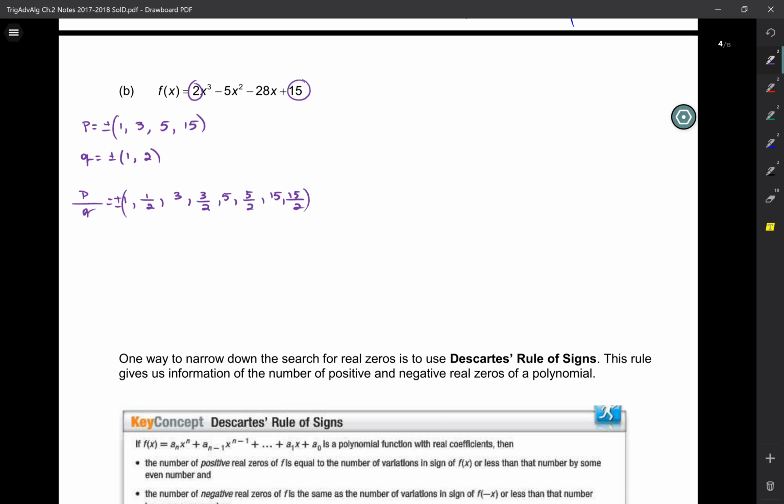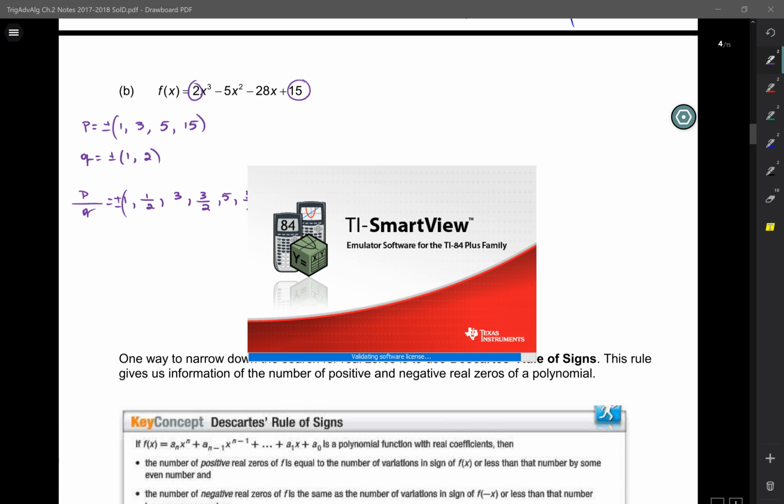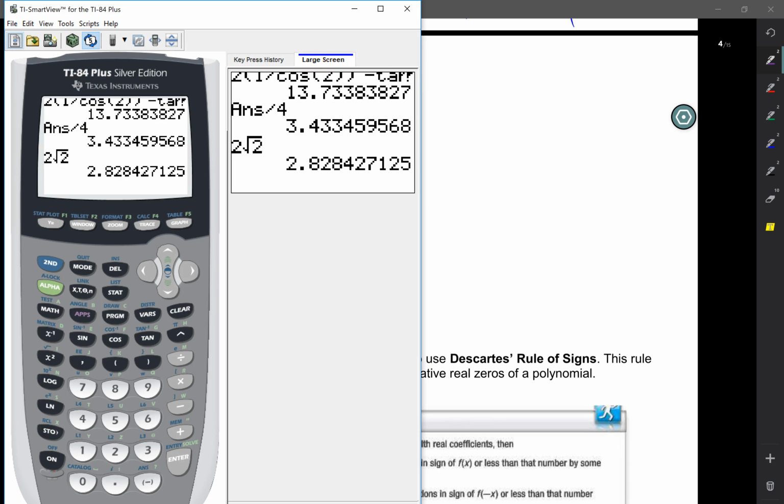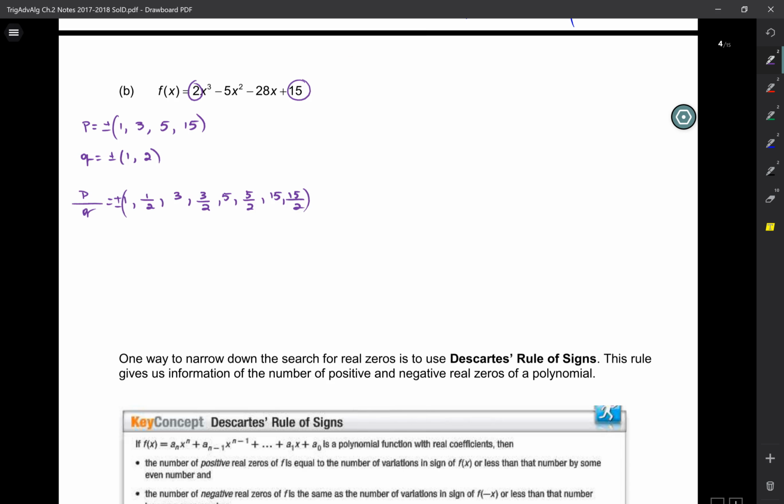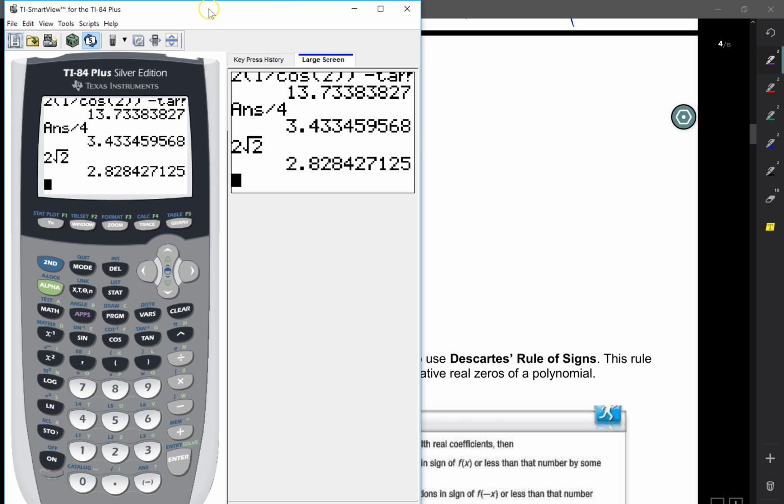But that's still a lot of numbers. You need to do that for each one. That's the process. Well, because the highest exponent is 3 here, that tells you that there are at most 3 zeros.